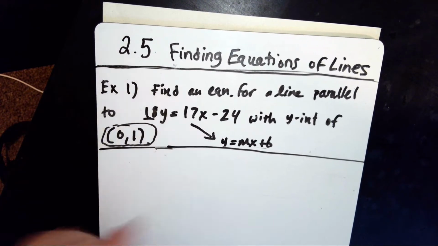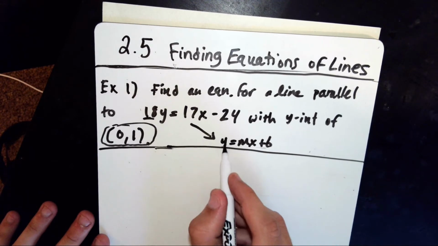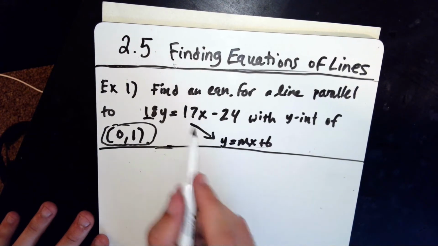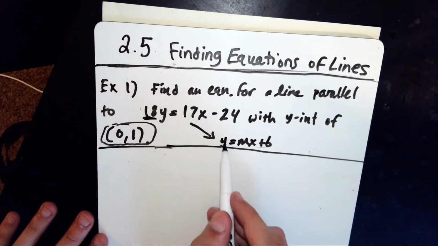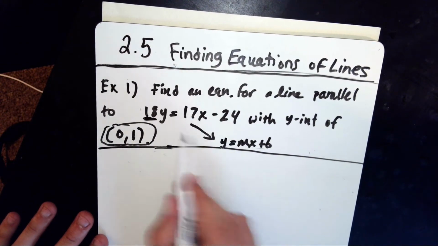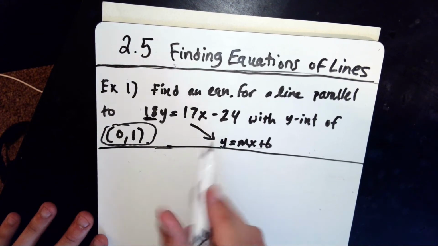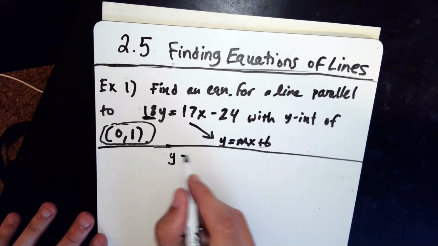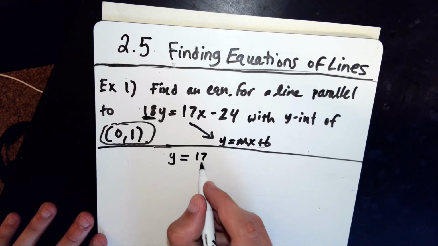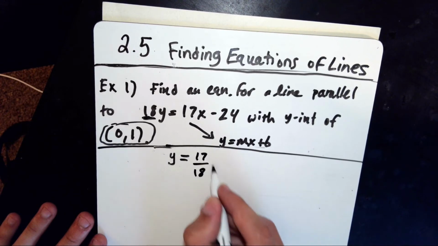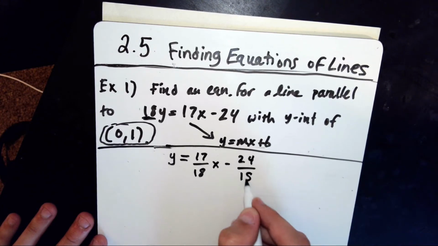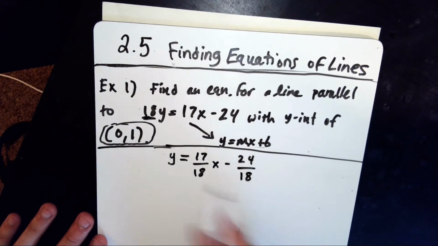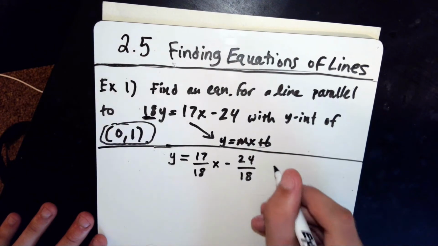The only real barrier is this 18y, so we divide both sides by 18, which leaves us with y equals 17 over 18 x minus 24 over 18. So this now is in slope-intercept form.